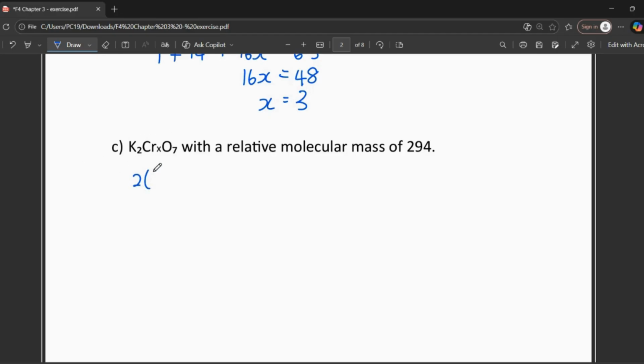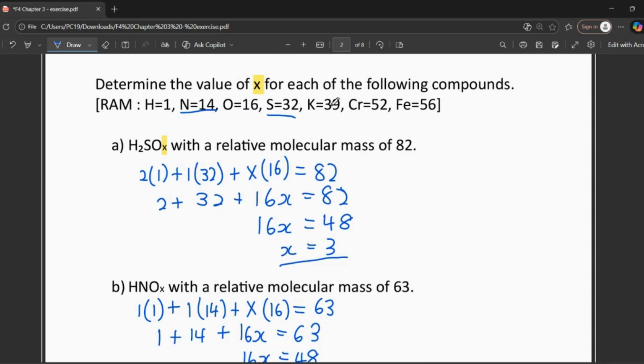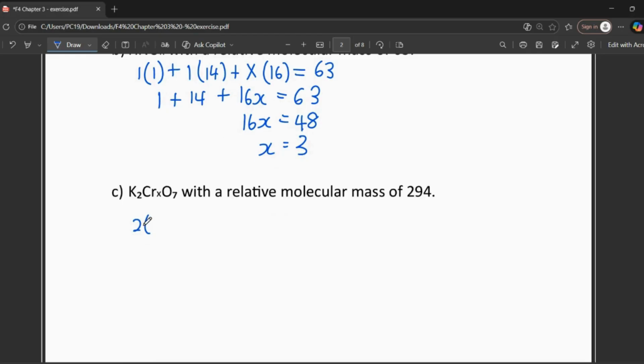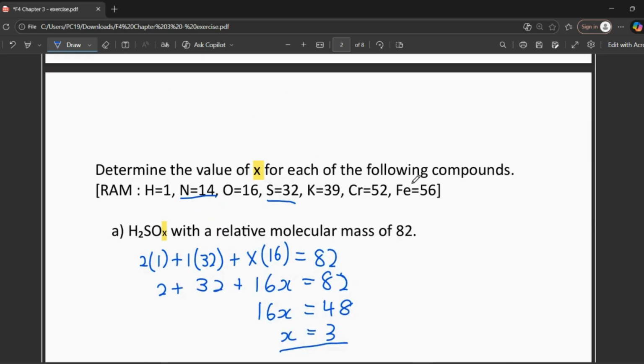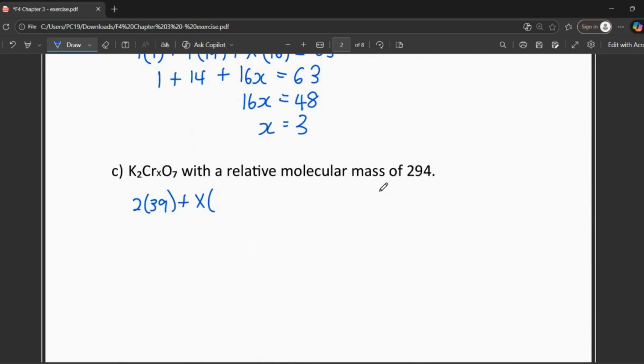We have two atoms of potassium. The relative atomic mass for potassium is 39. So 2 times 39 plus x atoms of chromium. Cr is chromium, alright? The relative atomic mass for chromium is 52, plus 7 atoms of oxygen equal to 294.